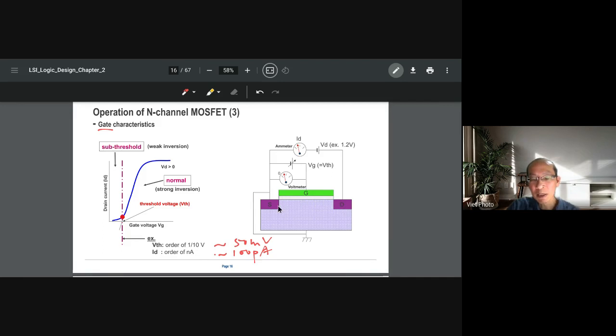Those things are related to technology, but just keep that in mind. Then for the ID, the leakage is on the order of nanoamps, and nowadays they can keep that down to around 100 picoamps.